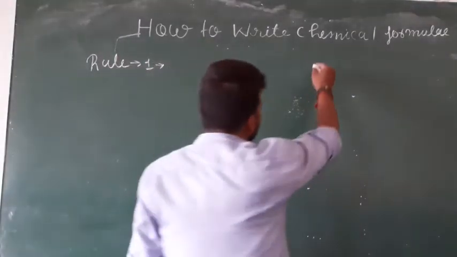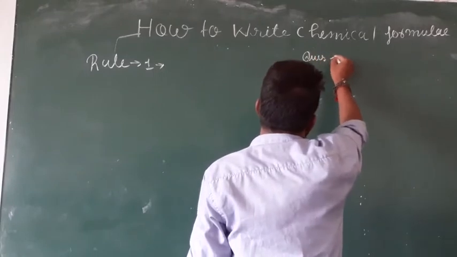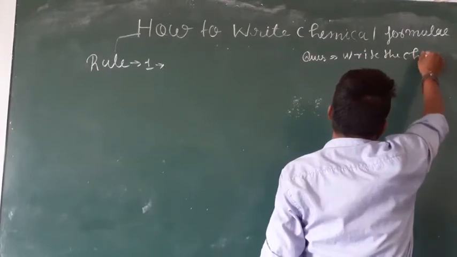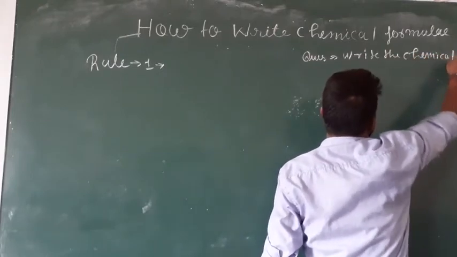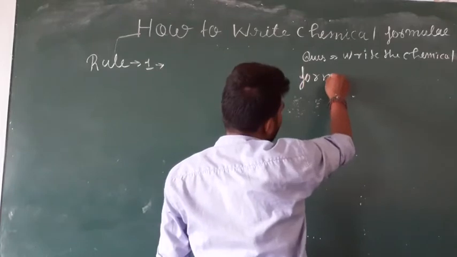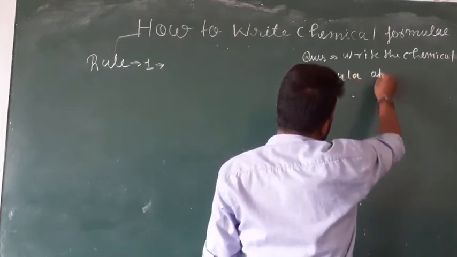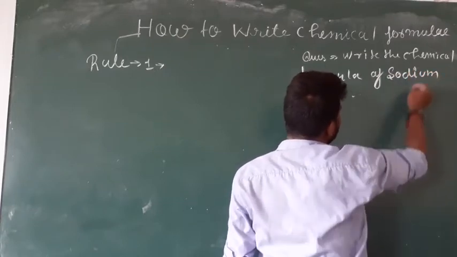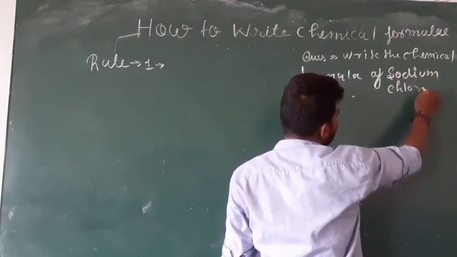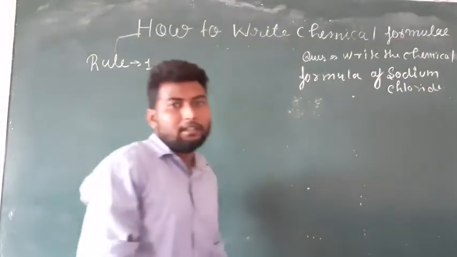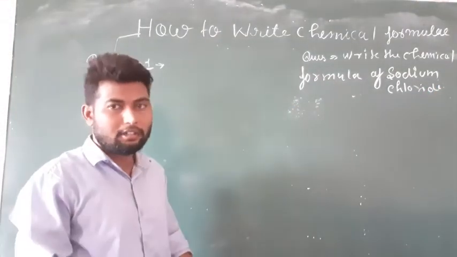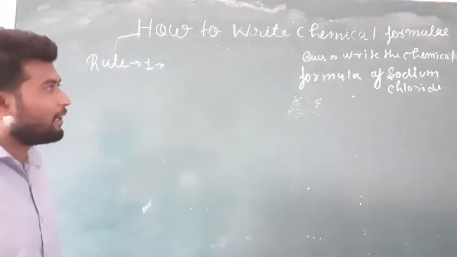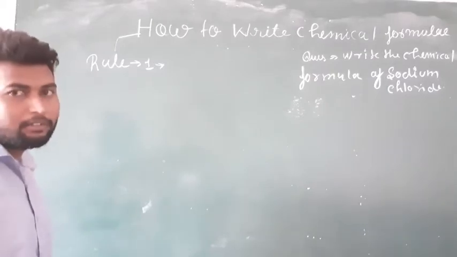Suppose one question here: write the chemical formula of sodium chloride. This type of question is given in your question book. So how to convert sodium chloride into a chemical formula? We follow some rules.